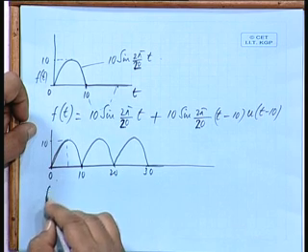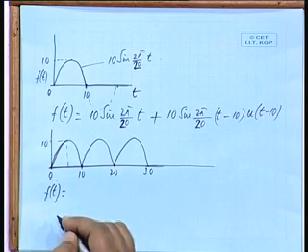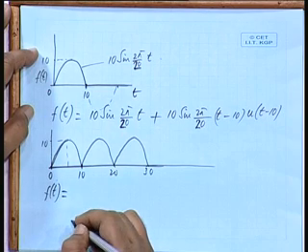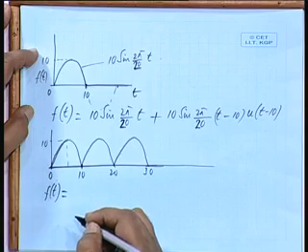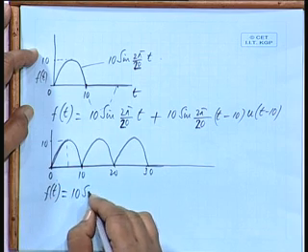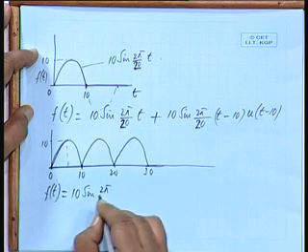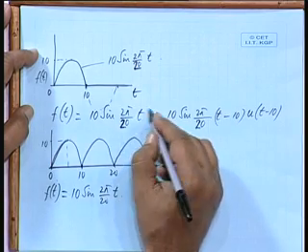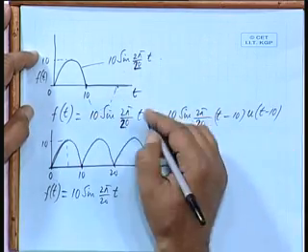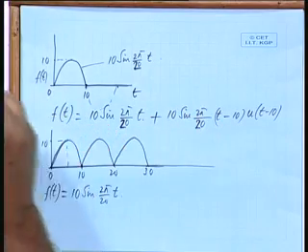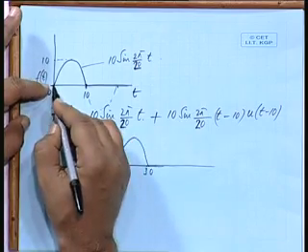Now, you tell me what will be f t like. What should I write? 10 first part sine 2 pi by 20 into t. Mind you, for such functions, unless it is a delayed function, I am not writing u t. It is understood that we are not considering the negative part of time, so far as the first part is concerned.